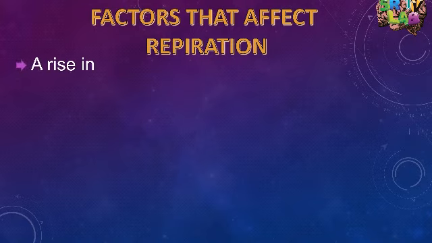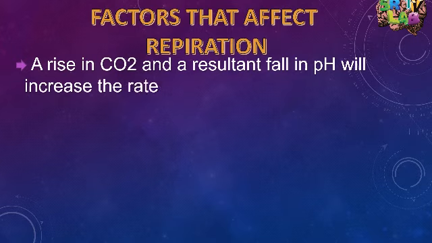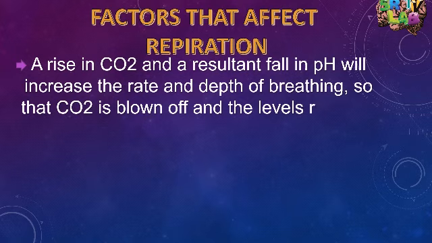Actually, when there is a rise in carbon dioxide and a resultant fall in pH, this will increase the rate and depth of breathing so that carbon dioxide is decreased and the levels return to normal.